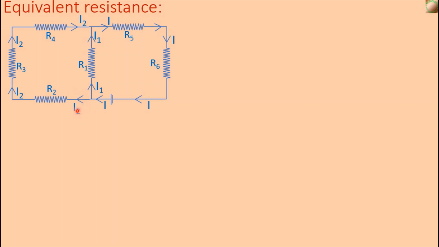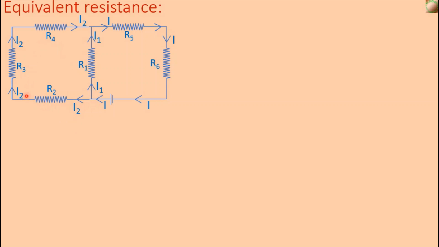But here the I2 current is flowing through resistance R2, then R3 and then R4. That is, the same current I2 is flowing through the resistances R2, R3 and R4.